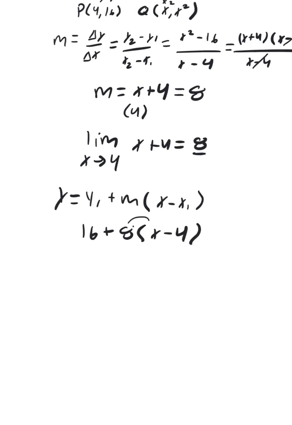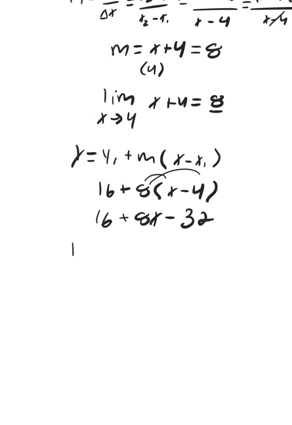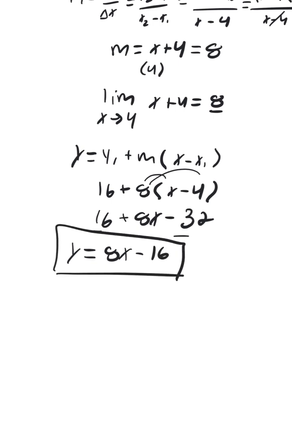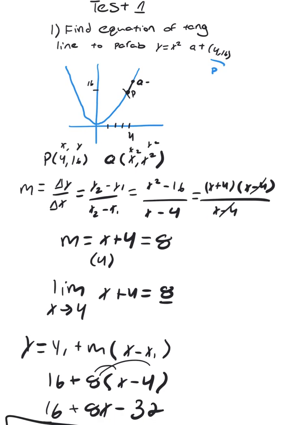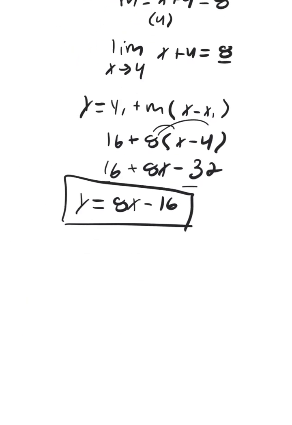Let's use the distributive property here. 8x minus 32, plus 16. And we're left with y equals 8x minus 16. That is the equation of the tangent line to the parabola y equals x squared at (4, 16).